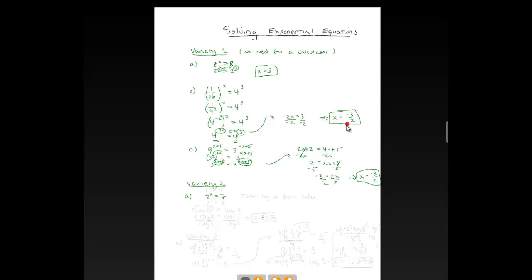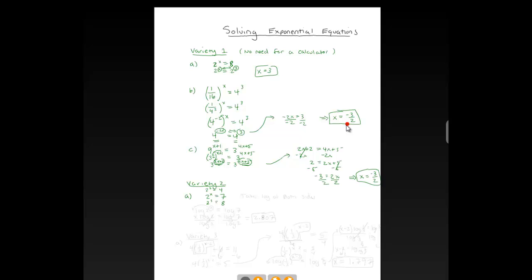So the best I can do without a calculator is estimate, because I know that 2 squared equals 4, and I know that 2 cubed equals 8. So 2 is too small and 3 is too big. So I'm guessing that x is somewhere in between 2 and 3, maybe like 2.7 or 2.8.